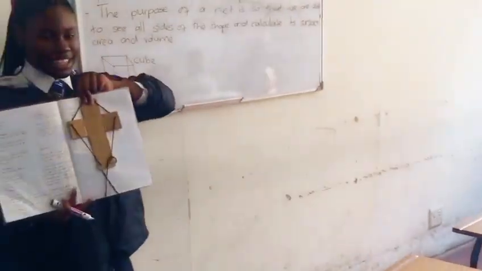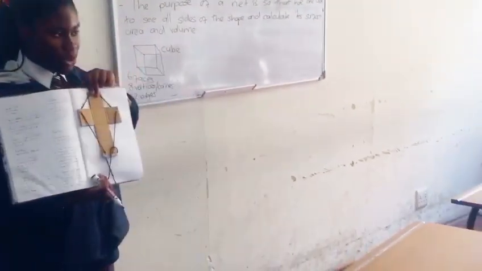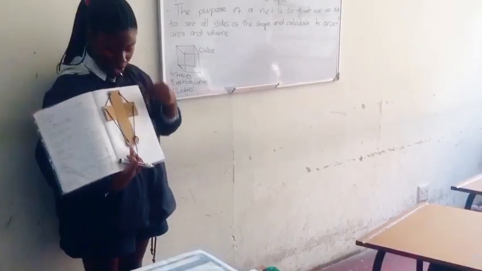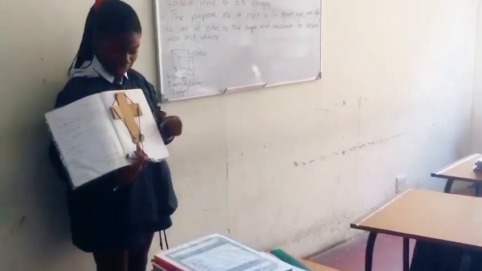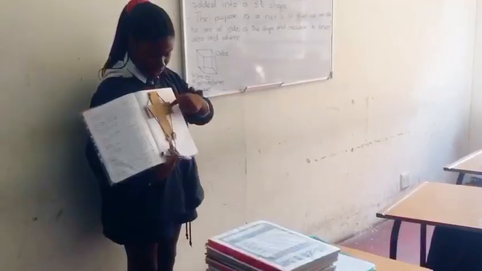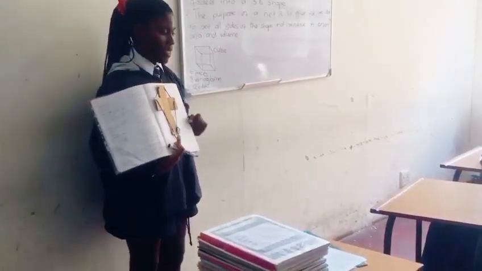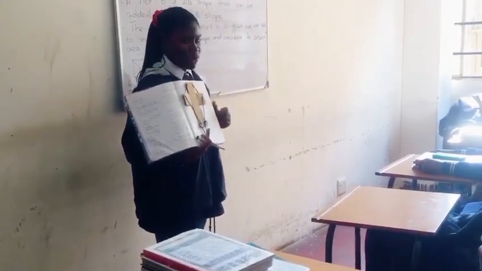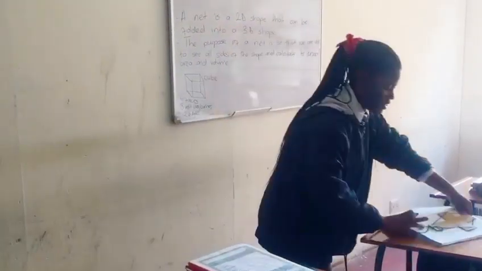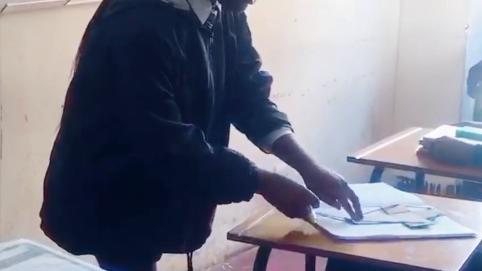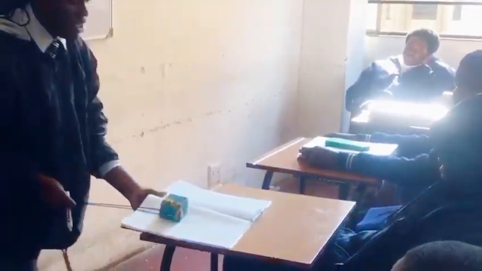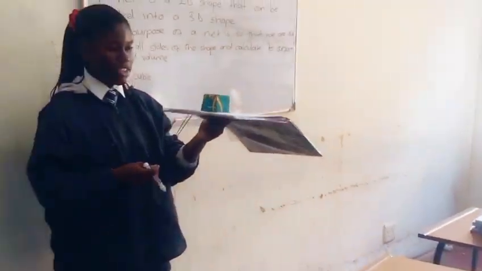You can see this, right? Yes. This is a cube that we already cut out the net of. You can see it with all its faces. It has 6 faces: 1, 2, 3, 4, 5, 6. But this can also be folded again into what? Into a cube. We fold it like this, and we have a cube.